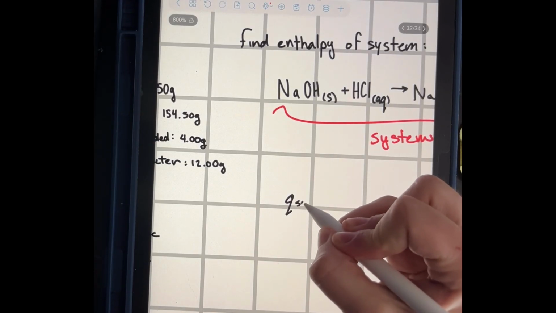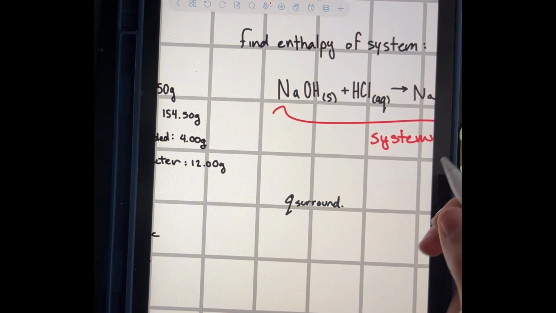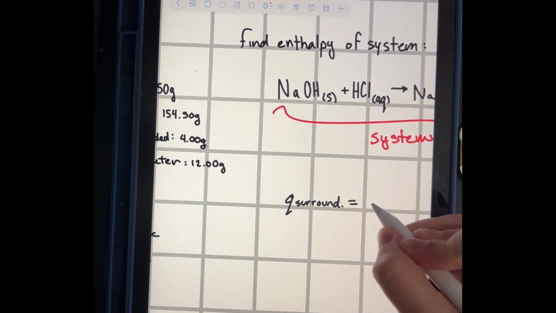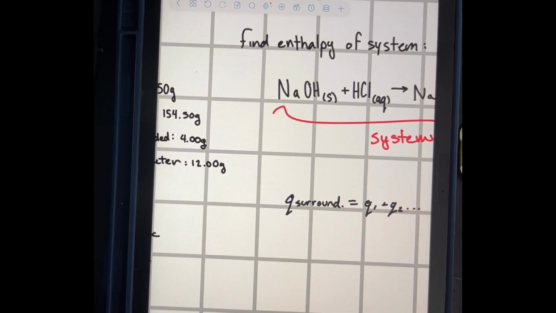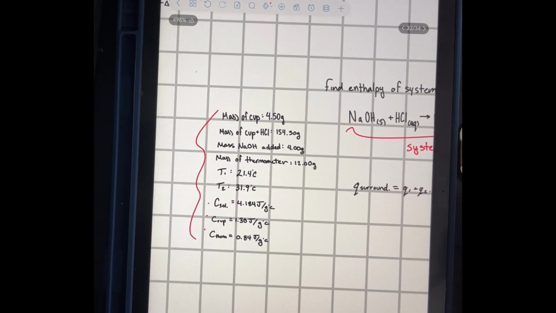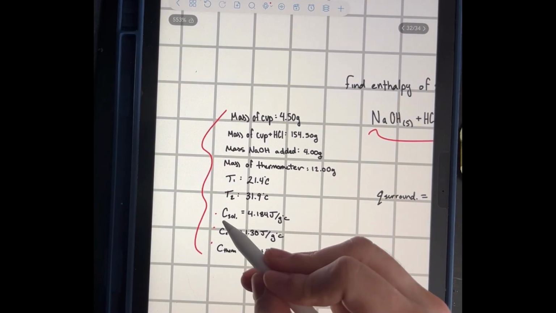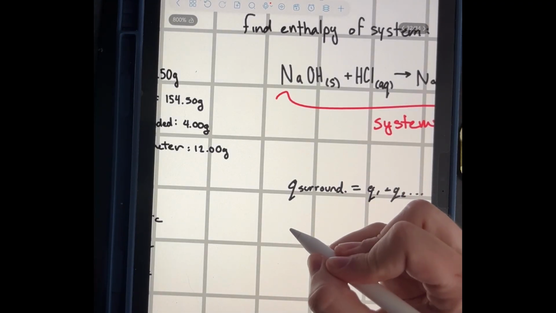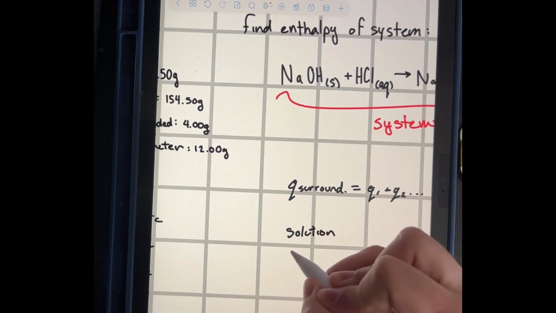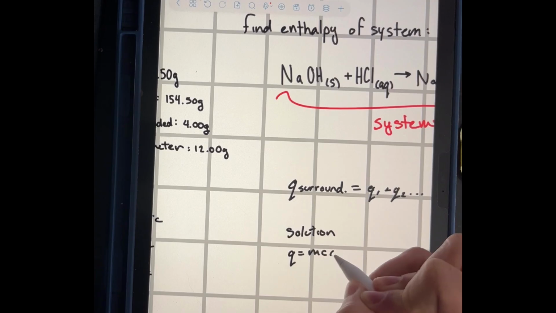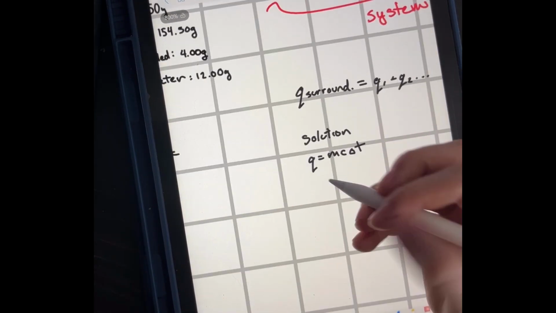So our Q surroundings, to find the surroundings of more than one surroundings, it's just going to be Q1 plus Q2 plus plus plus. So the first one that I can kind of note is the solution, and our Q is going to be MC delta T. The other one I can note is the cup.